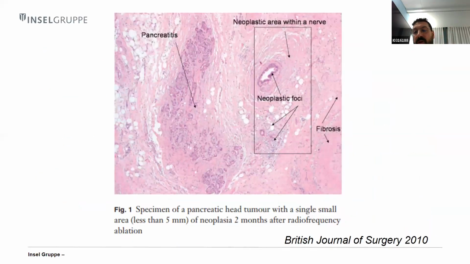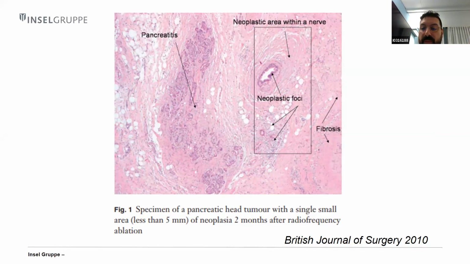Here is an example of one case in an older case series where 2 months after RFA for a non-resectable mass of the pancreatic head, a histological specimen of the tumor was obtained from a patient who required gastrojejunostomy for duodenal stenosis.